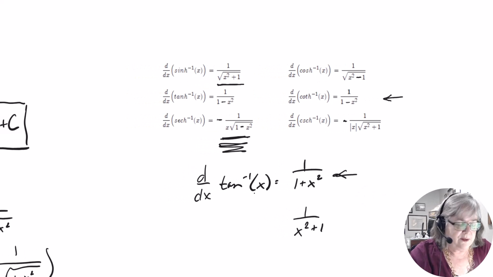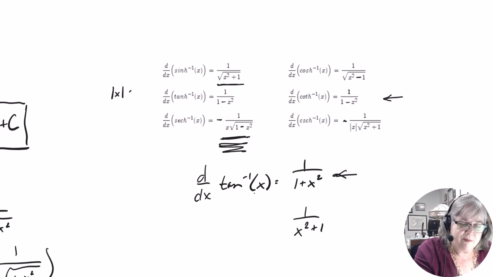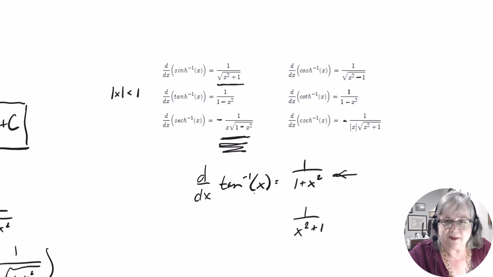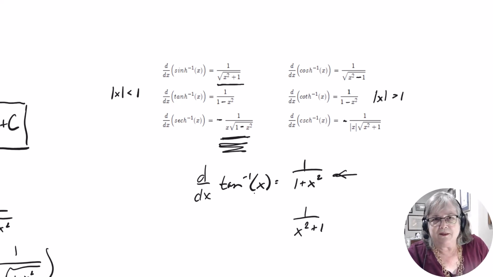So for the inverse hyperbolic tangent, its domain is the absolute value of x has to be less than 1, which basically means you're looking at fractions or 0. And here, the absolute value of x has to be greater than 1. And by fractions, I mean not like 17 thirds, which is bigger than 1, but proper fractions where it's less than 1.